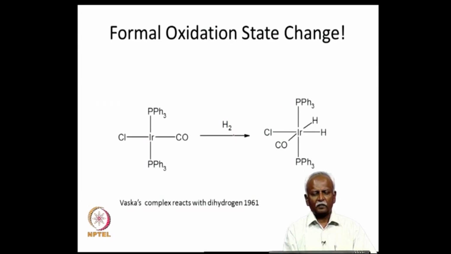Now, Vaska's complex was in fact the first complex where many oxidative additions were studied. So, this is another example where direct addition of hydrogen can be carried out with Vaska's complex, and interestingly you can add hydrogen under pressure and form a compound in which 2 hydrogen atoms are added to the iridium, and again the formal oxidation state is +3.